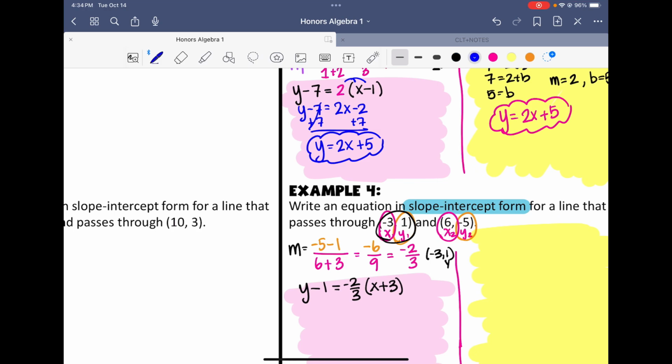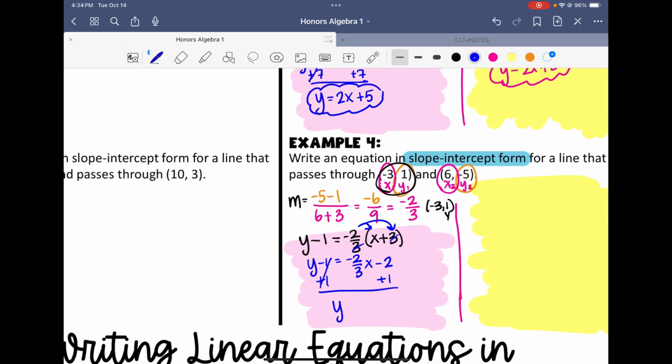All right, so I'm going to distribute, and I get negative 2/3 x minus 2, because the 3's cancel out, then I add 1 to both sides, and I get y equals negative 2/3 x minus 1. So we know that's the answer I should be getting on the other side.